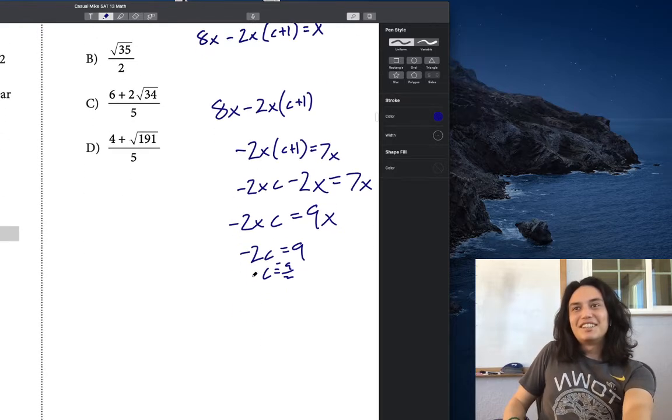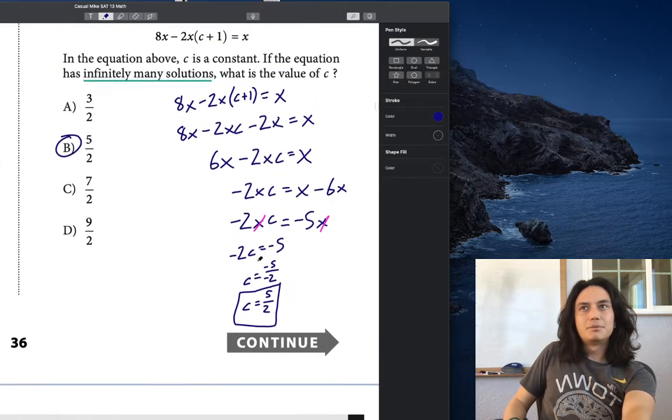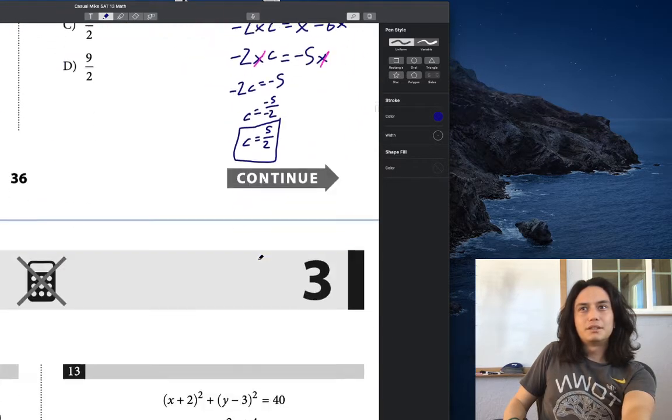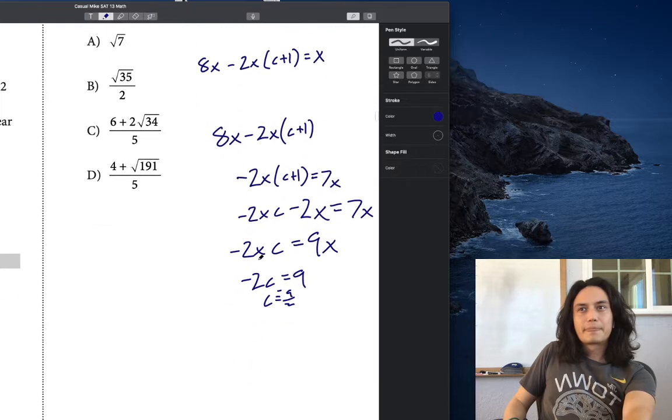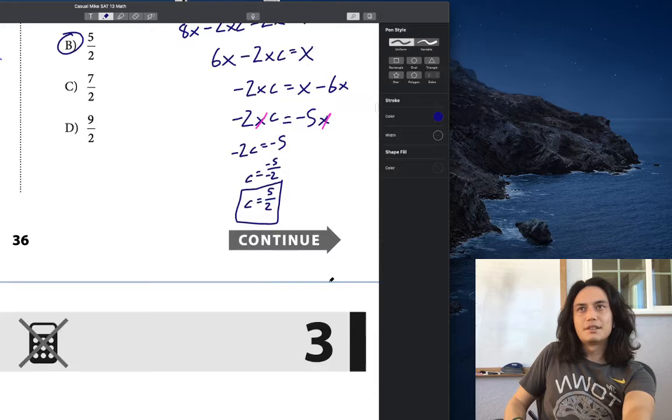So what did I do wrong? c plus 1, c plus 1. Why does this turn from a 7 into a 9 instead of a 7 into a 5?